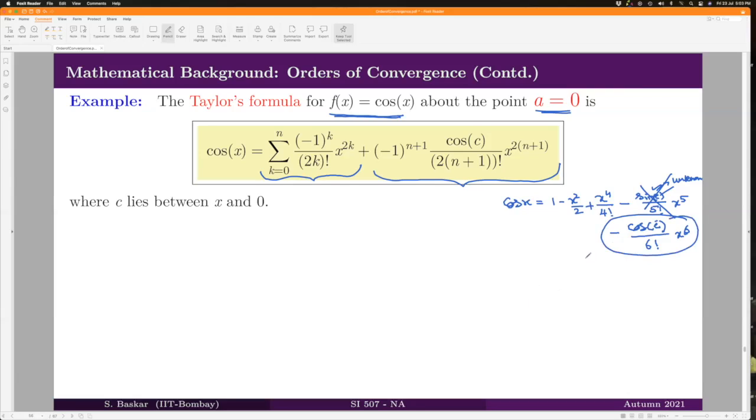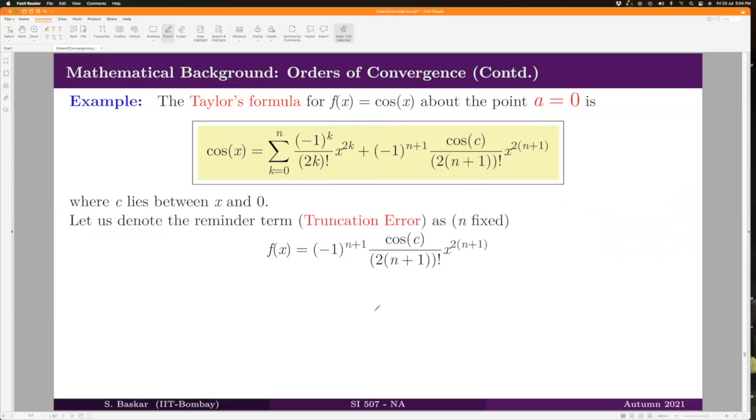Let us now give the reason precisely after understanding the big O and small o notation. In general, the remainder term we prefer to take is written like this. In particular, when you take n equal to 2, it is what we have precisely written in the last example. What you do is define f of x as this remainder.